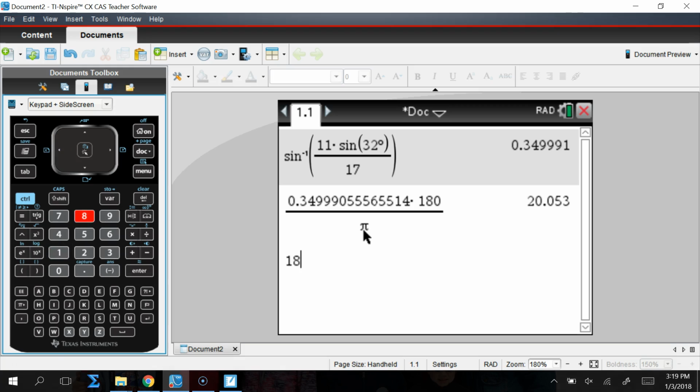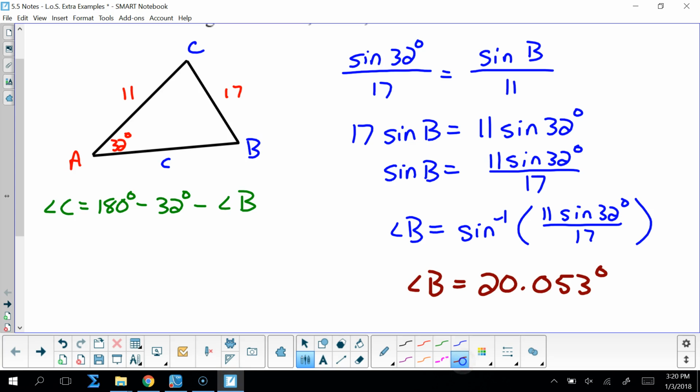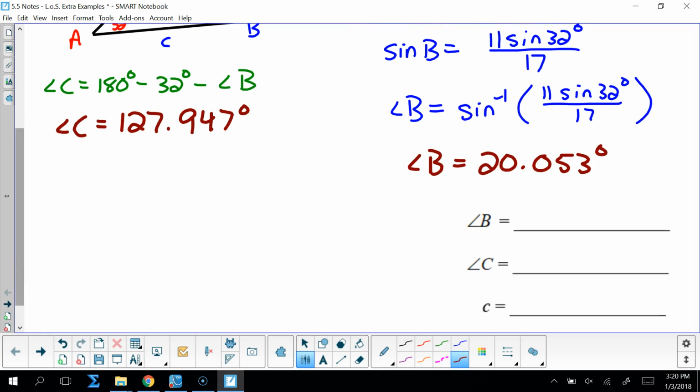So 180 minus 32 minus my answer gives me 127.947 degrees. Okay, so there's those. Now I can set up a new law of sines.